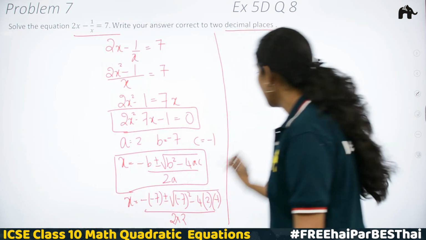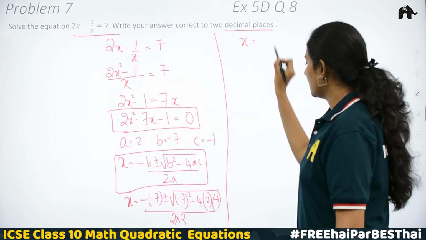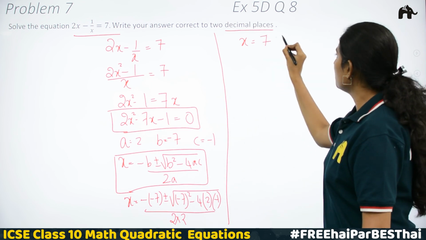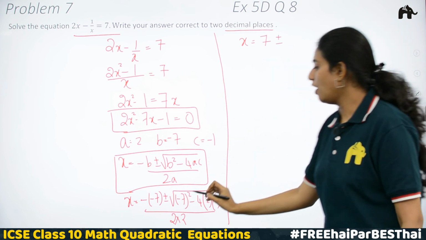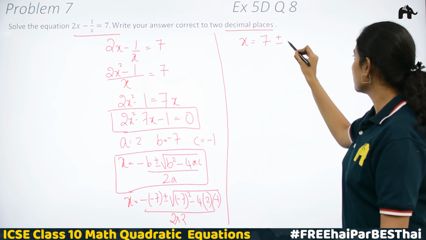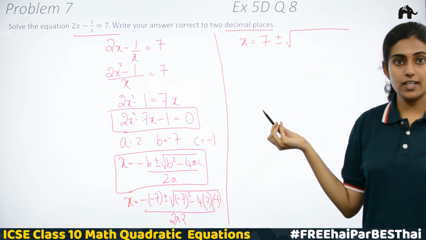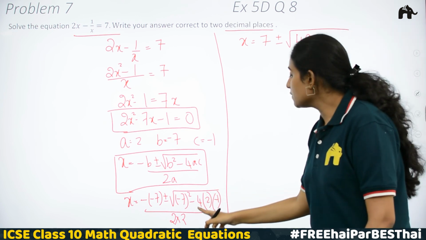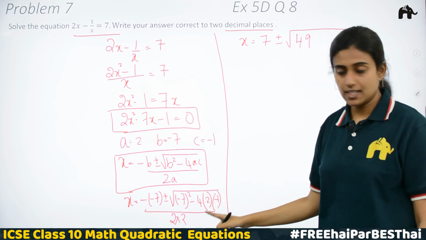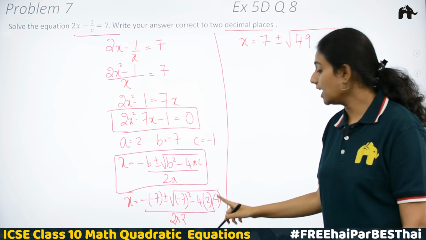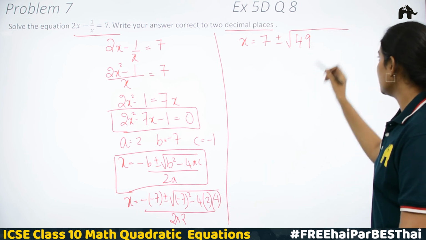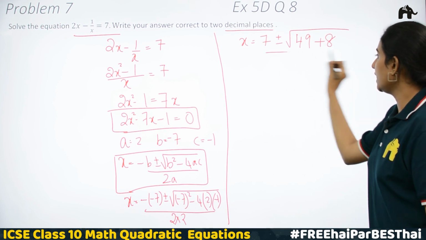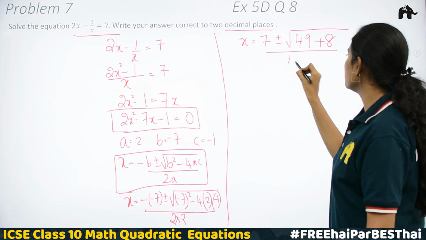x is equal to minus of minus 7, that is plus 7, plus or minus root of minus 7 square is 49, plus 49 minus 4 into 2, that is 8, into minus 1, that is plus 8, divided by 2 into 2, 4.